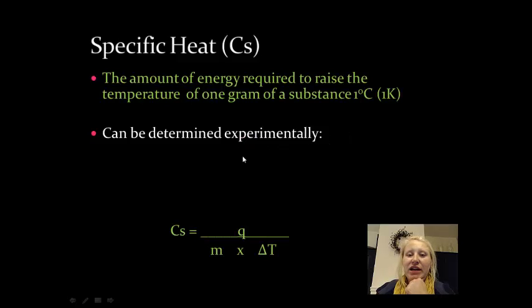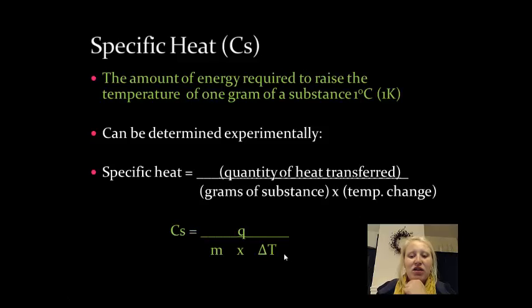We can find the specific heat experimentally. If we're solving for C in our Q equals m C delta T equation, C is equal to Q over m times delta T. So the specific heat is equal to the quantity of heat transferred, Q, over the mass in grams times the change in temperature.